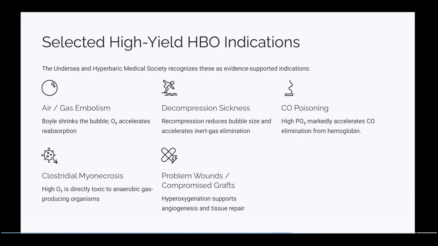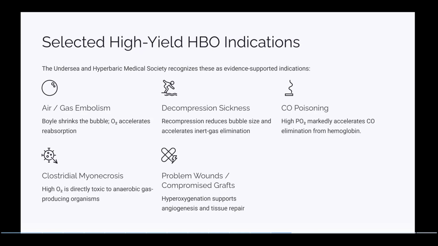Okay, so who actually gets hyperbaric oxygen? There's a list of approved uses, but instead of memorizing it as a random set of names, group these by why the therapy actually helps. So, like bubble problems, air or gas embolisms, and decompression sickness, pressure physically shrinks that bubble, right?